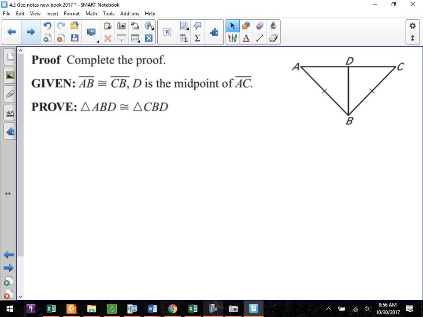So go ahead and write this up, draw your diagram, and we'll see what we can figure out. You're going to be using that as you go back and forth. Whenever we do proofs, you're going to want to have that sheet next to you because it helps you figure out the steps.